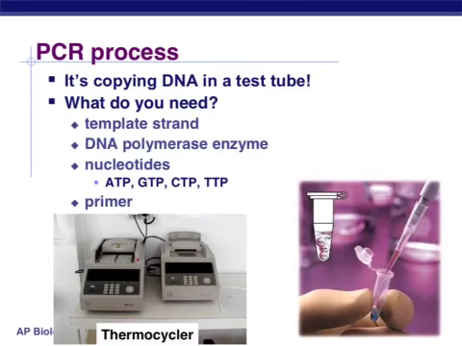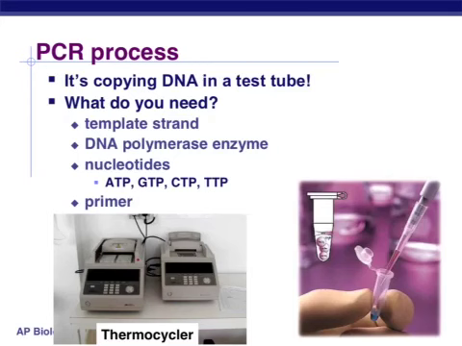Remember, they're going to come with their own energy source, so they're actually going to come in the form of nucleotide triphosphates: ATP, GTP, CTP, and TTP. And then you need a little bit of a primer because, again, polymerase can't attach DNA to nothing. They need something to attach the DNA that they're going to build. They have to put it on something.